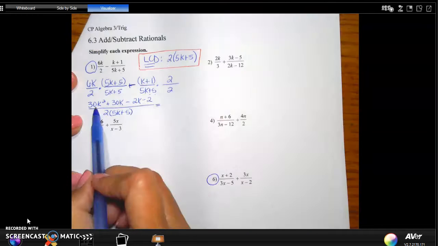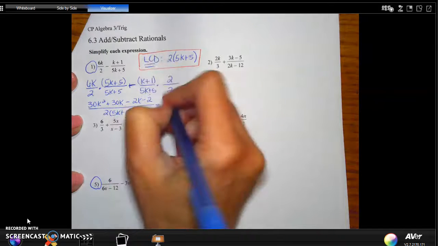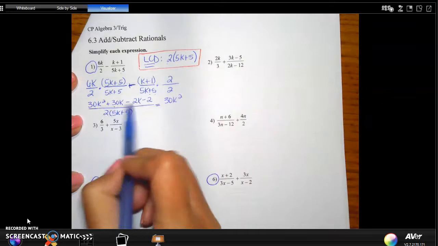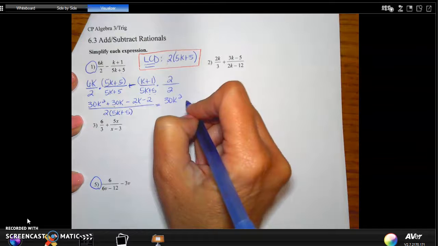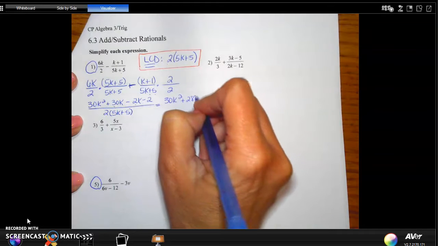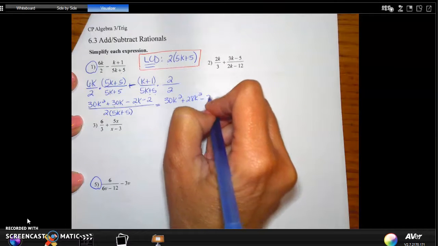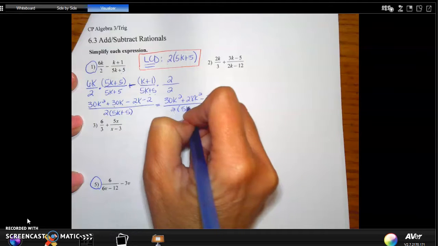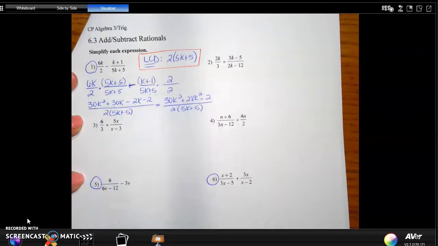Now we can combine like terms. We have a 30k squared, plus 30 minus 2, that's plus 28, minus 2, all over 2 times 5k plus 5.